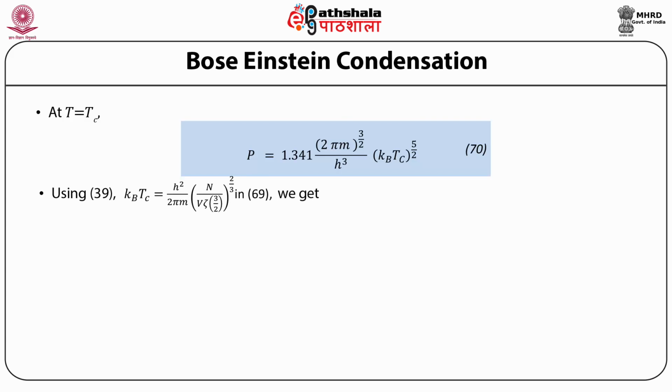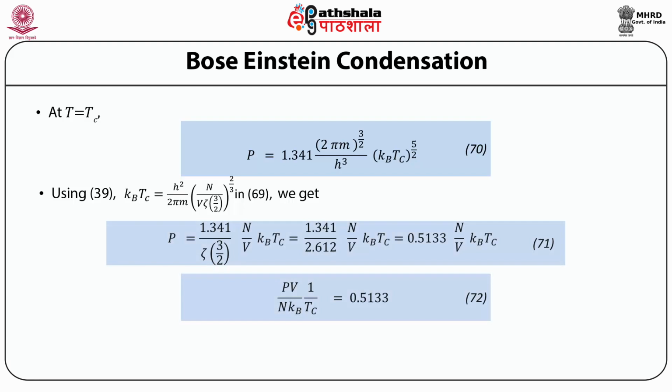Using 39, where kBTc is equal to h square upon 2 pi m multiplied by (n upon v over Riemann zeta function at 3/2) raised to power 2/3, we get in 69 P is equal to 1.341 divided by the Riemann zeta function at 3/2 into n upon v kBTc, which is equal to 1.341 divided by 2.612 into n upon v kBTc, which is equal to 0.5133 multiplied by n upon v kBTc, or PV upon n kB Tc is equal to 0.5133.